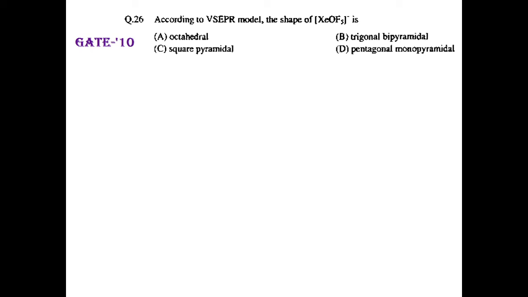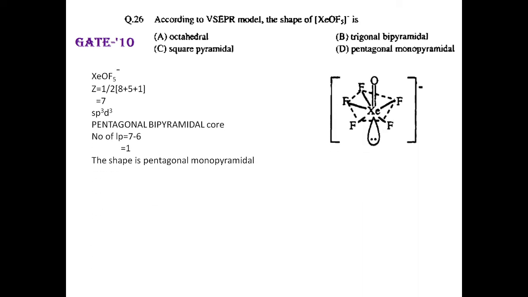According to the VSEPR model, predict the shape of XeOF5 minus. We will use the same formula. So here, xenon, XeOF5 minus, z equals 7, sp3d3 hybridization, pentagonal bipyramidal core, but the number of lone pairs will be 1.